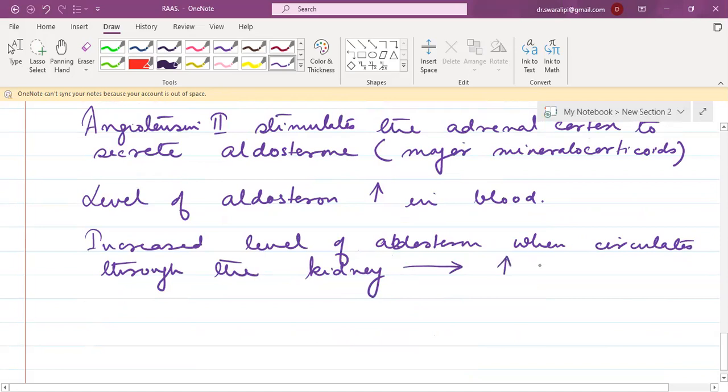Sodium ion reabsorption increases when this aldosterone is circulating through the kidney.